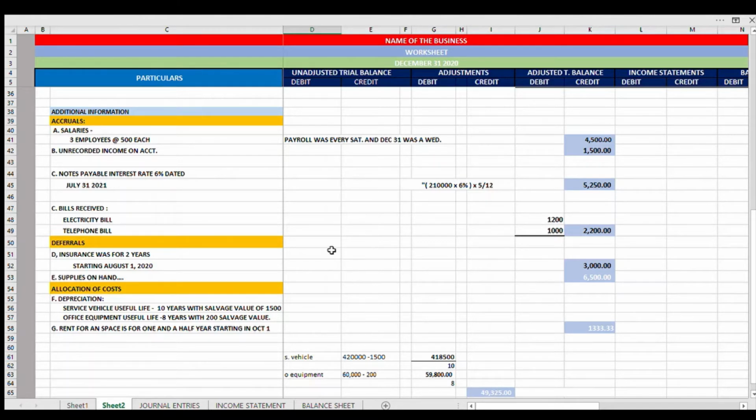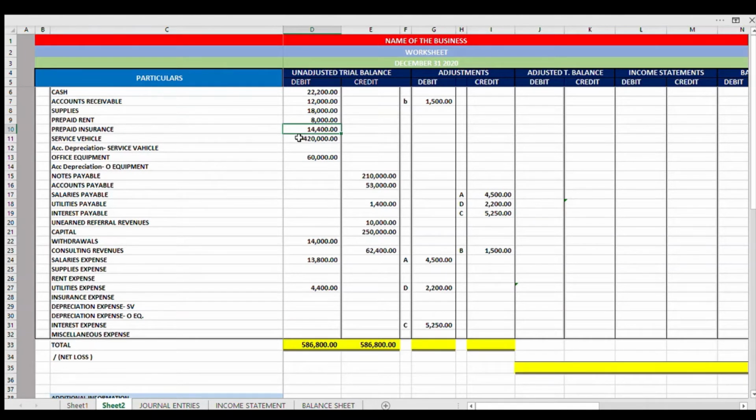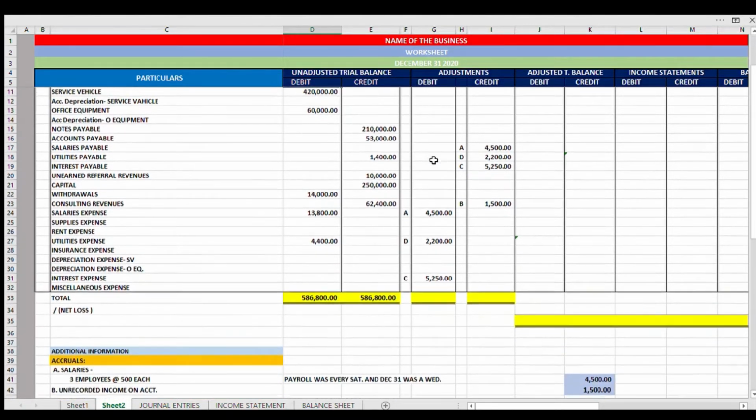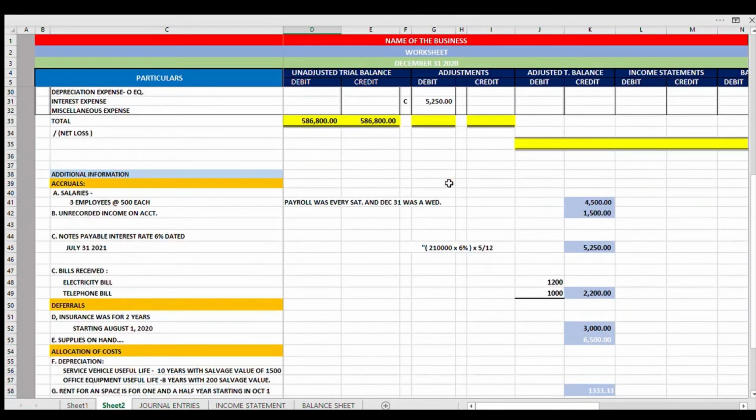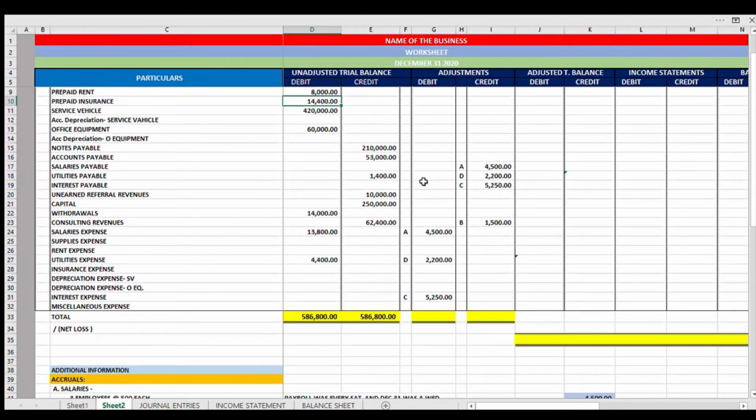Based kasi sa ating insurance dito, ang sabi 14,400 times, okay, so it is correct na ang magiging expired portion ng ating insurance ay 3,000.